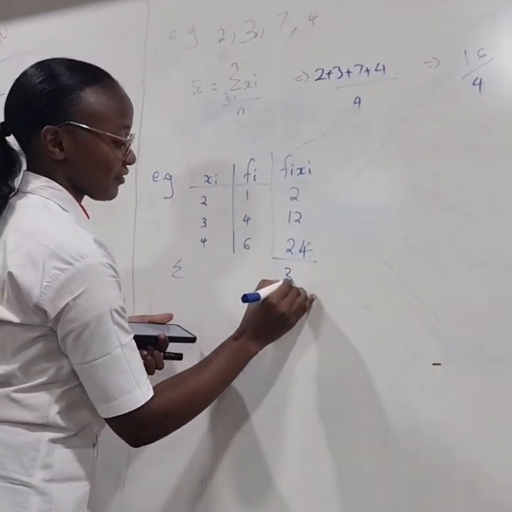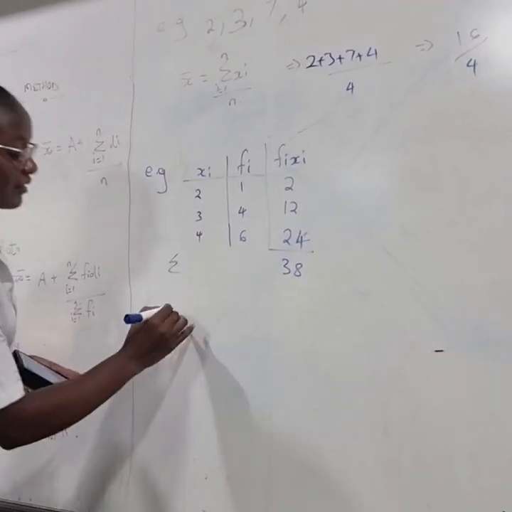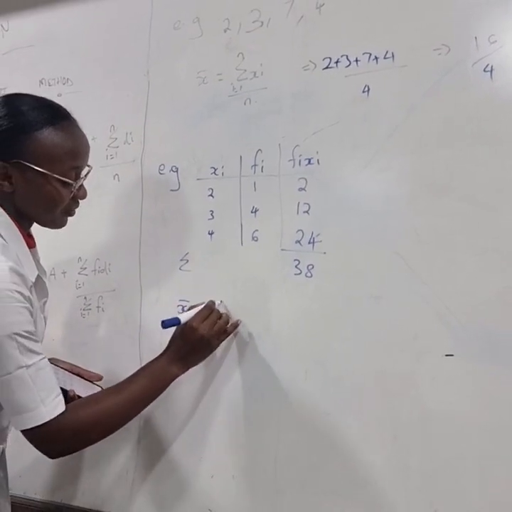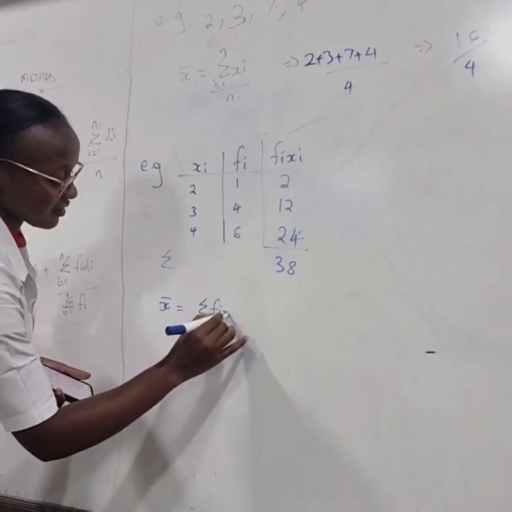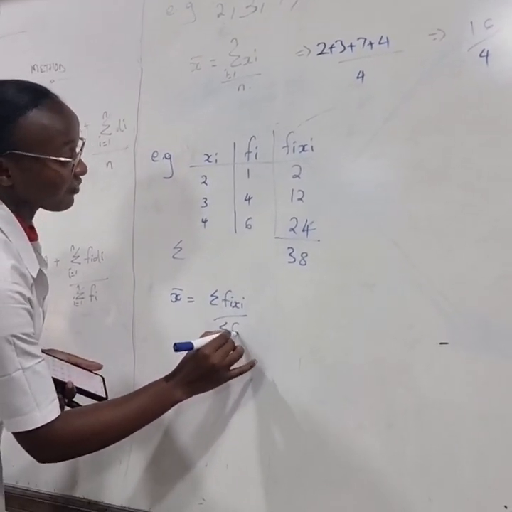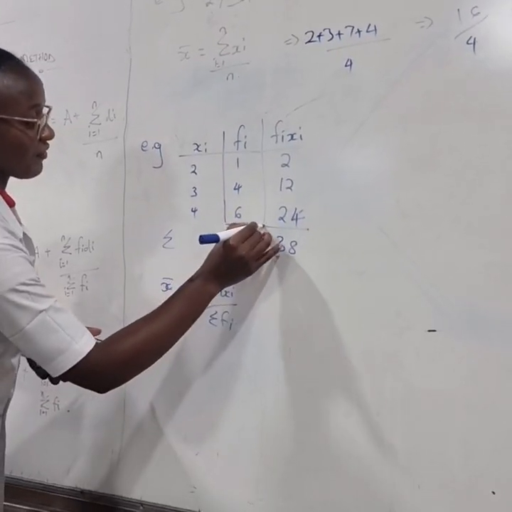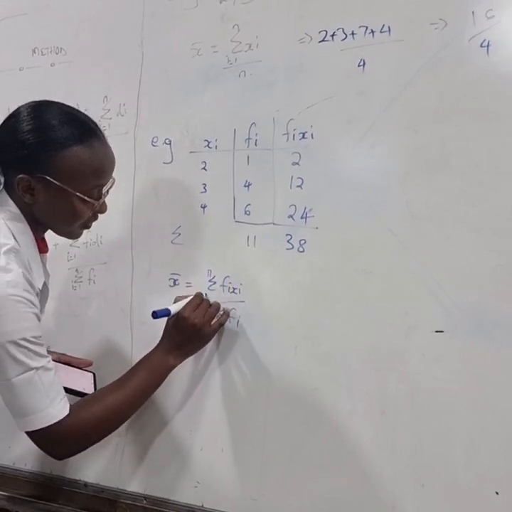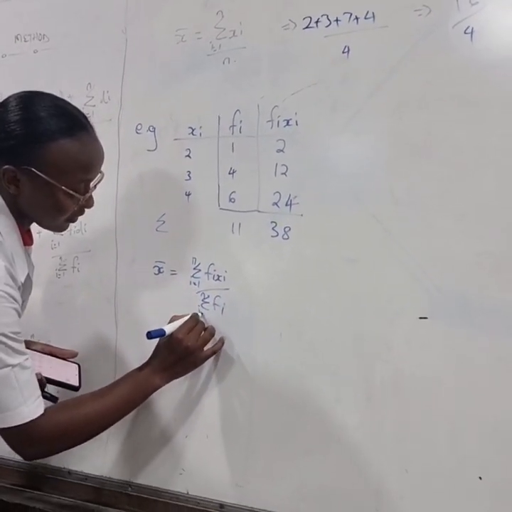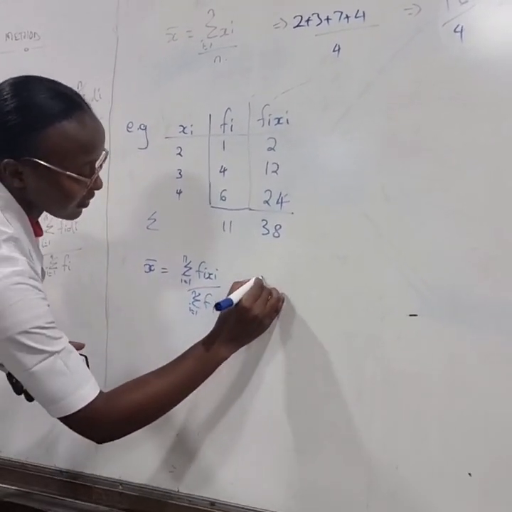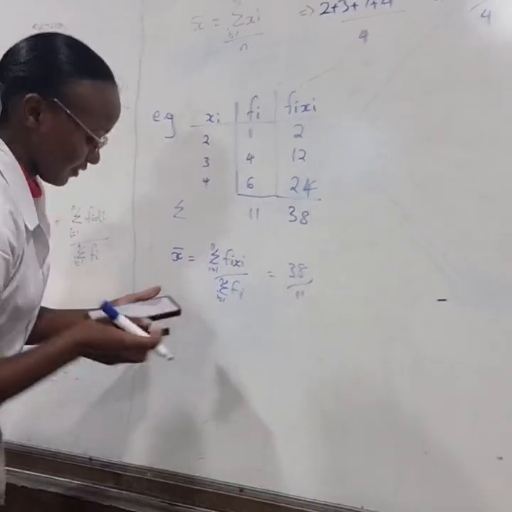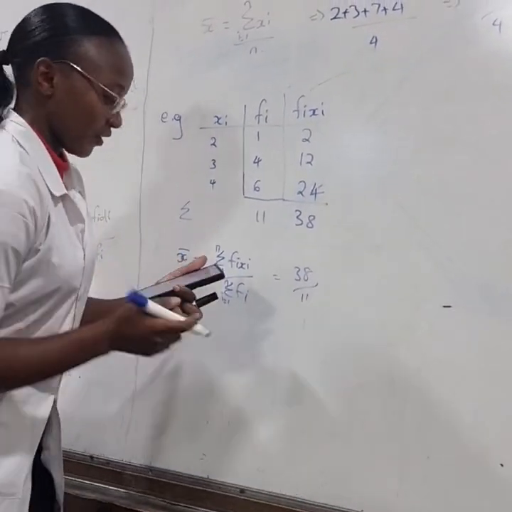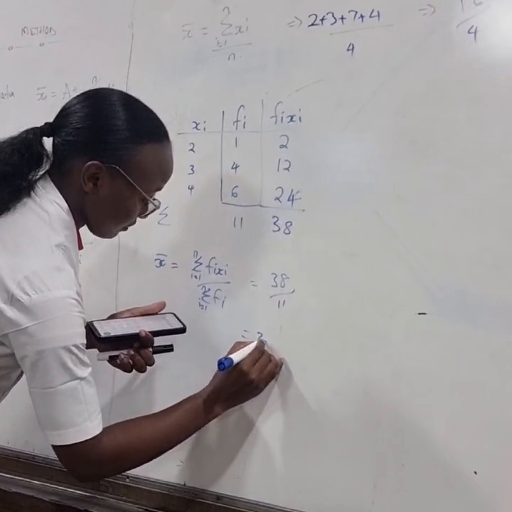Then the summation of this will be 38. So your mean is given by the summation of fi xi divided by the summation of fi. The summation of fi here will be 11, with i running from 1 to n. So this is 38 divided by 11, and you get your mean as 3.45.